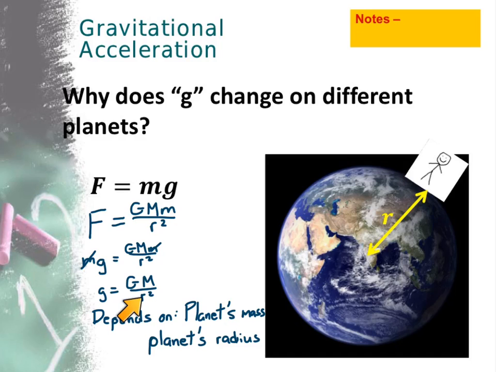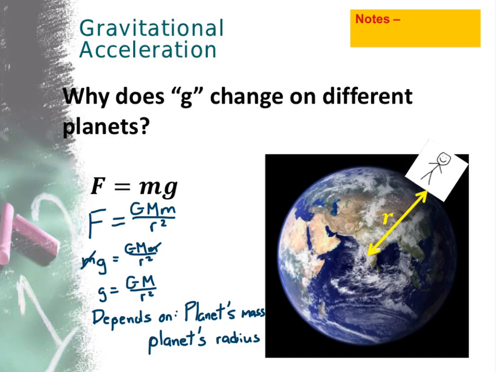Or if the radius of the planet is smaller, but the mass remained the same, well, a smaller radius means that this number is smaller, and when you divide by a smaller number, you get a bigger quotient, so having a smaller planet would result in a larger value of g if the mass were the same. Okay.